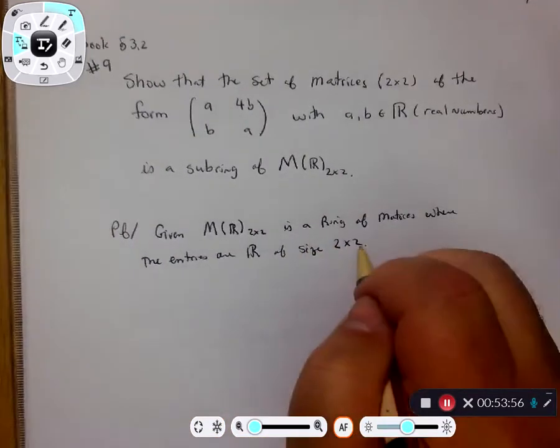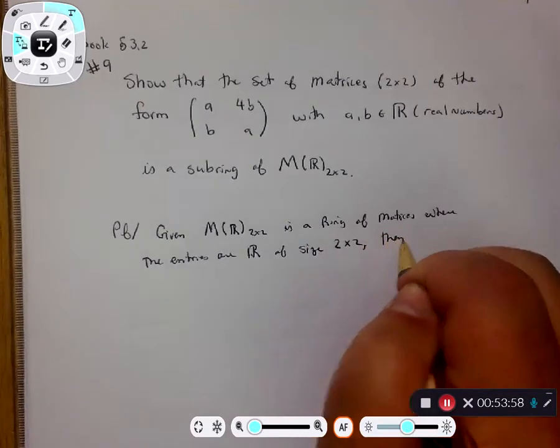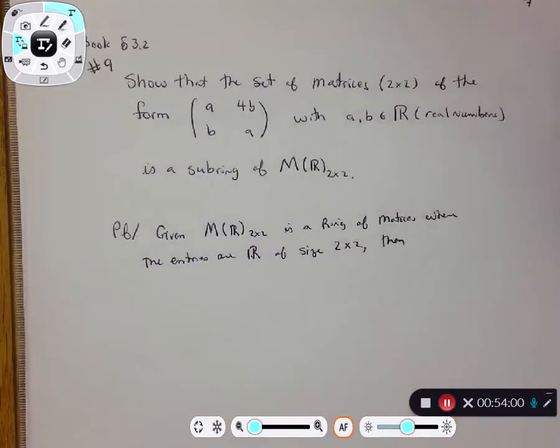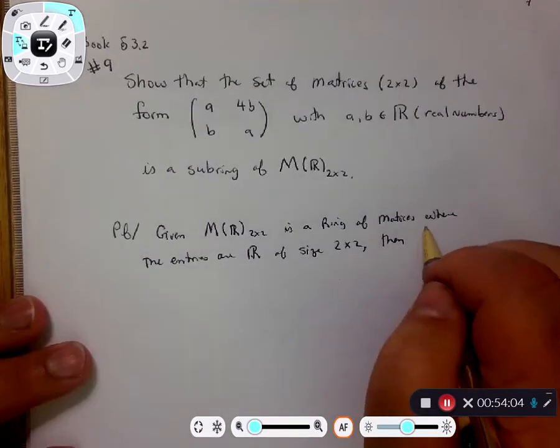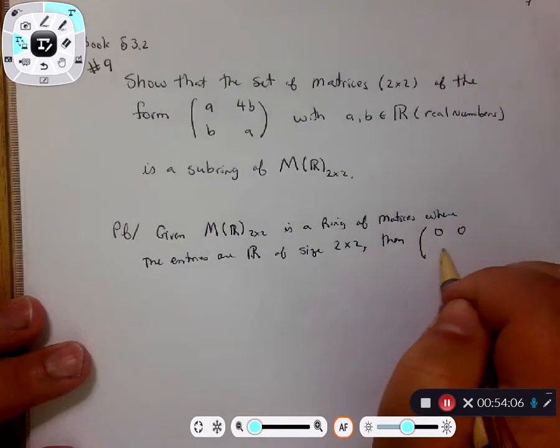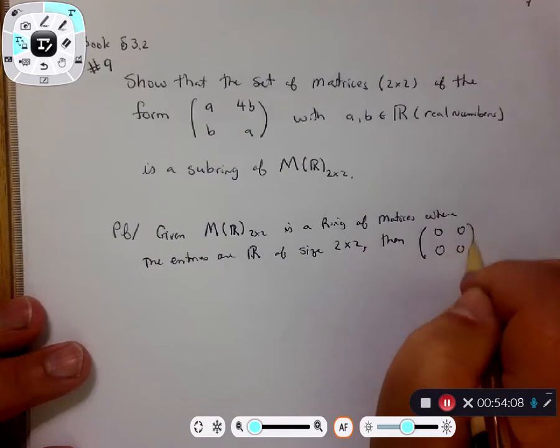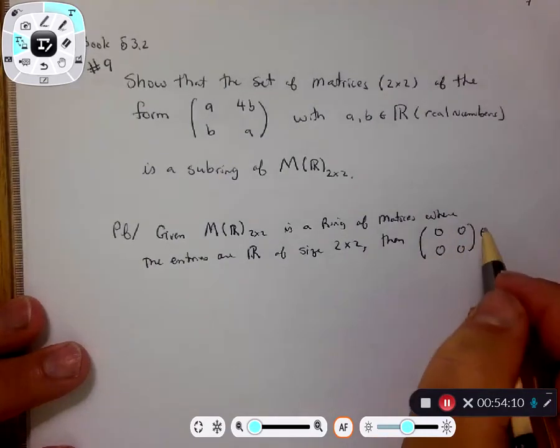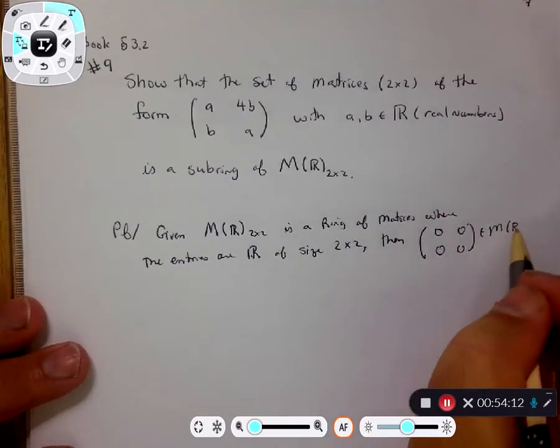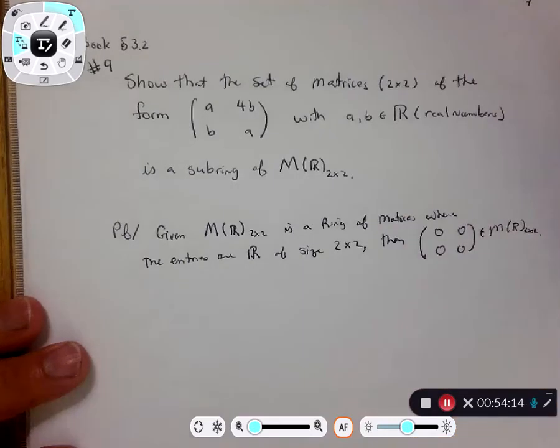Okay. Then, who is a matrix? Now I'm trying to prove this thing is non-empty right off the bat. Then the matrix 0, 0, 0, 0 is an element of this M R 2 by 2. Okay.